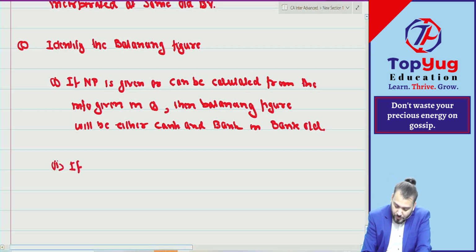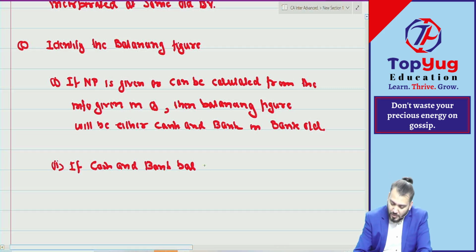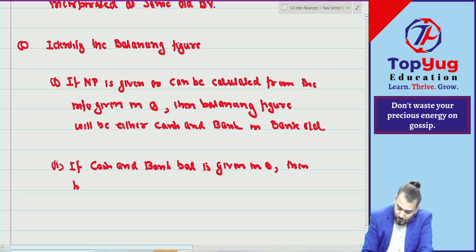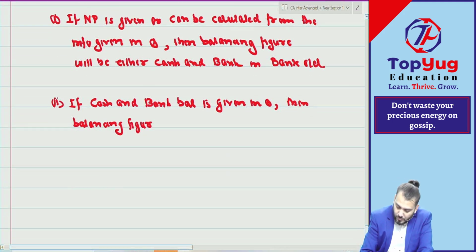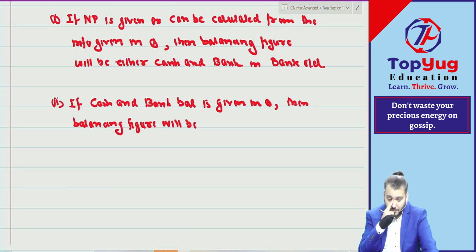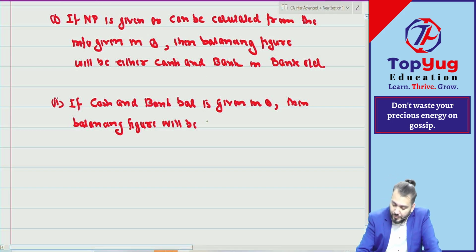Point number 2: if cash and bank balance is given in the question, then the balancing figure will be net profit.